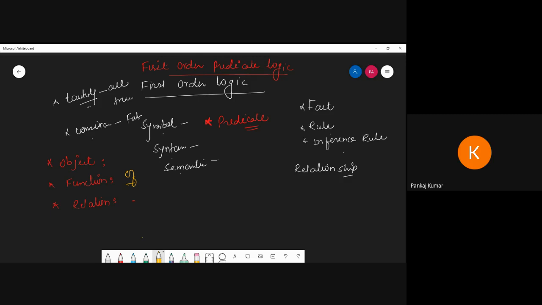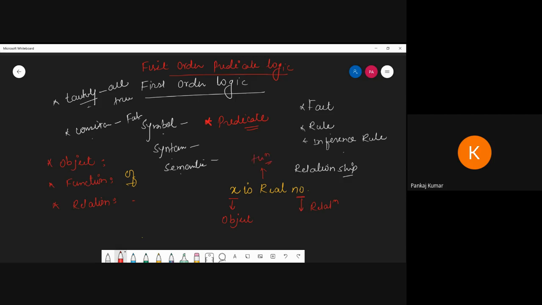And object, suppose I'm writing x is a real number. Now x is a real number, that means x is an object. And number is a relation. What type of relation is a function type? You can put it as a real number.